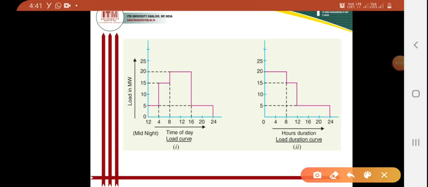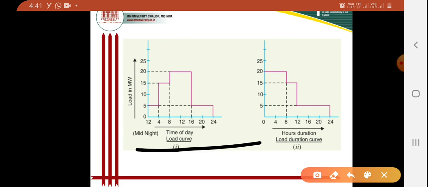Already I have discussed how to plot the load curve and load duration curve when the time in hours and load in megawatt are given. According to the respective time and load in megawatt, we have to plot the load curve and load duration curve.